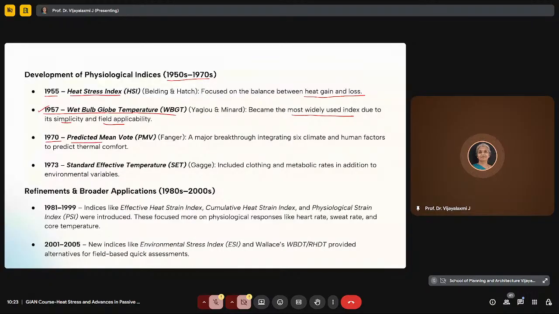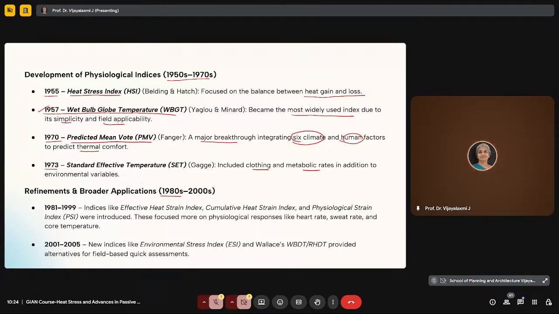In 1970, predicted mean vote came, by Fanger, and this became a major breakthrough because it integrated 6 climate and human factors to predict thermal comfort. Then came the SET in 1973, standard effective temperature, where clothing and metabolic rates were also added to the environmental variables.